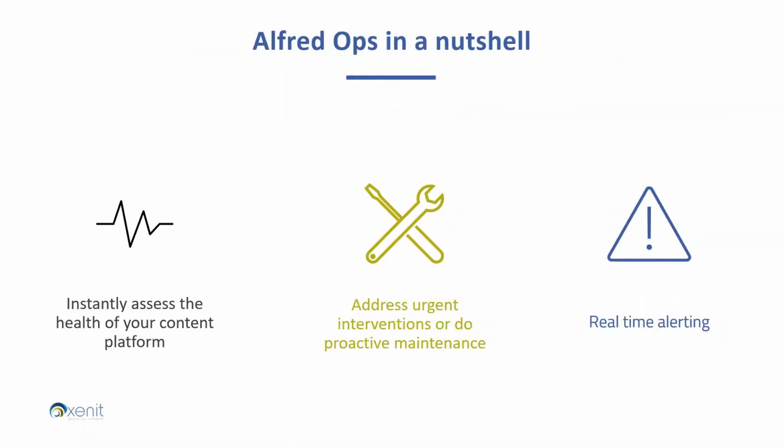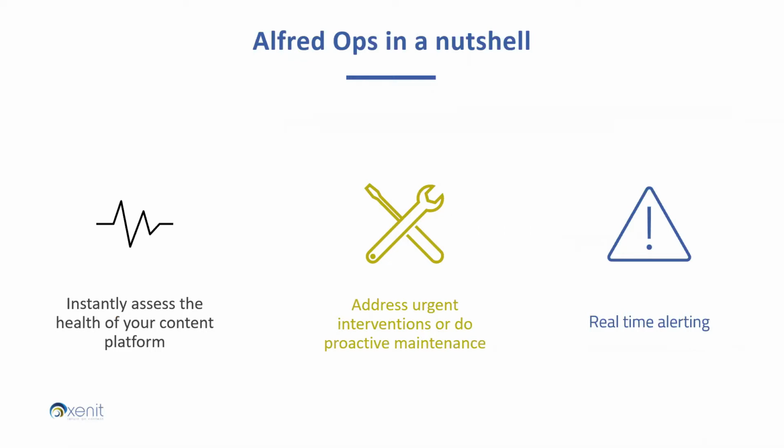In a nutshell, we instantly assess the health of your content platform. And I think once Hannes shows and tells about the solution, you will see what kind of metrics and parameters we're following up. They're literally in the hundreds of parameters that are important, of different kinds.